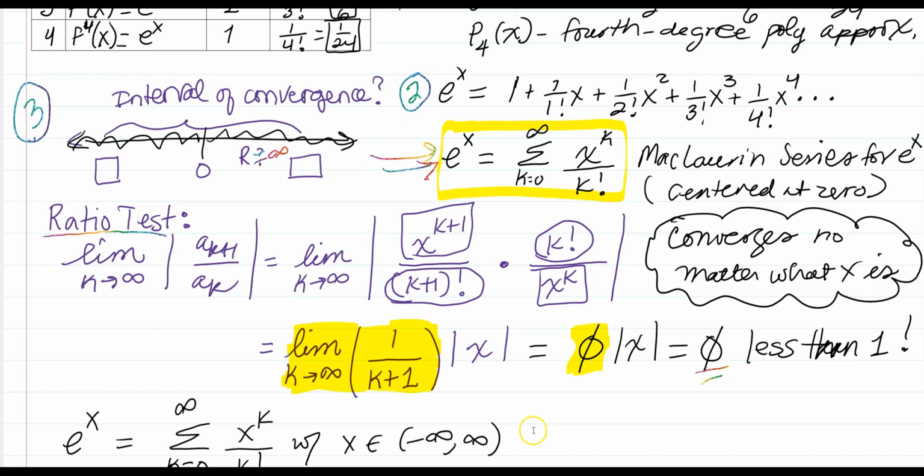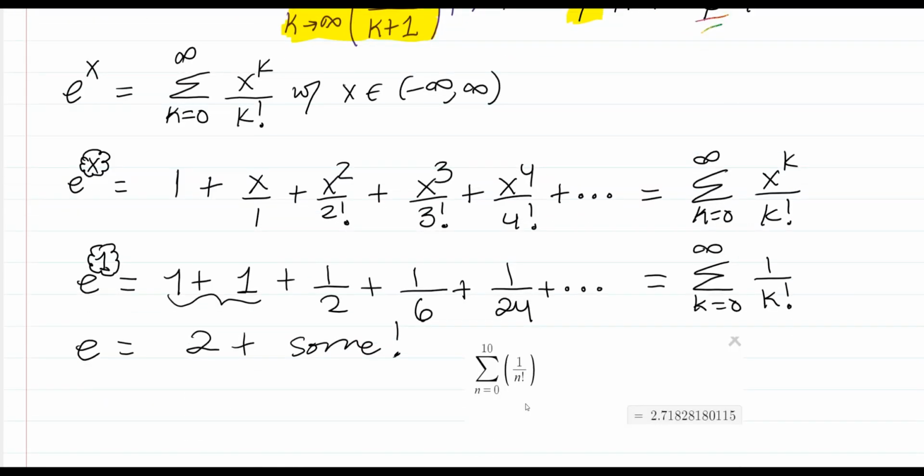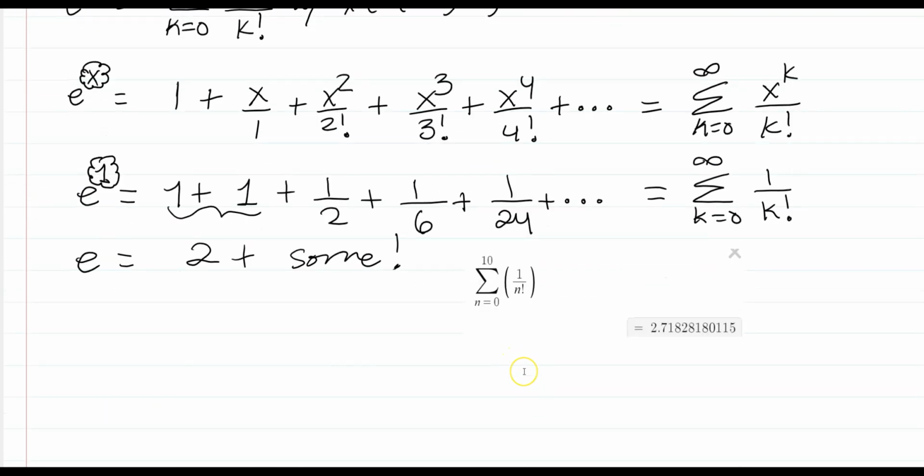So if it is true for all x values, then it must be true for when x is equal to 1. So that means e to the x can be approximated with this series right here. Plug in x equals 1 for wherever x is, right? And we used our decimal calculator, or if you have a scientific calculator, you can also punch that in.